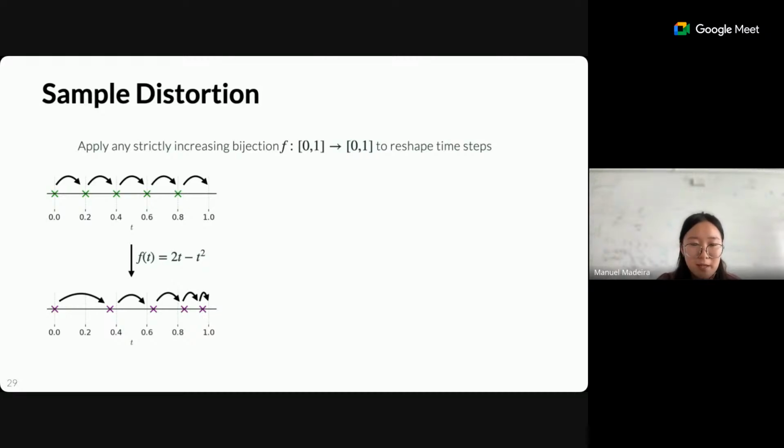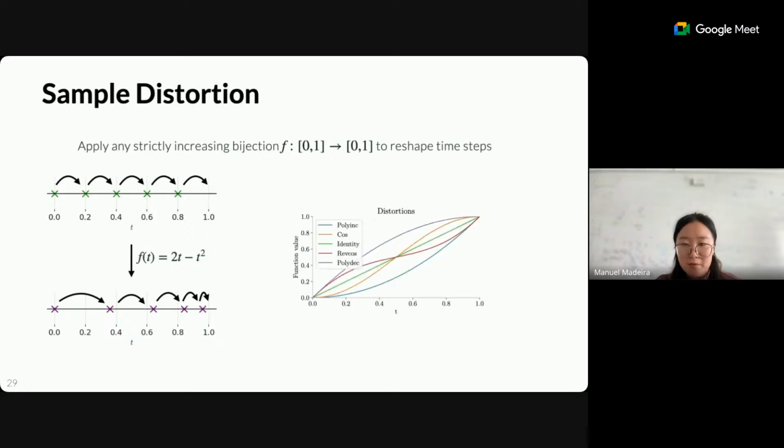For example, we can consider f(t) equals 2t minus t squared. And this function actually makes the time steps during inference much more focused on the later stage of generation. In the same spirit, we also explore different types of distortion functions as shown in the figure on the right.